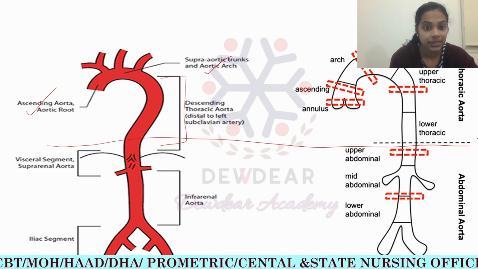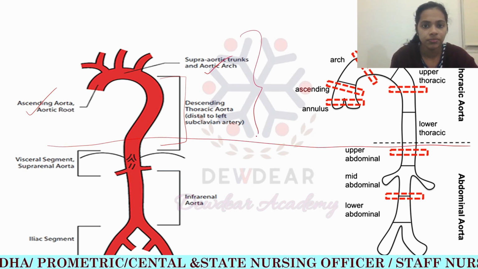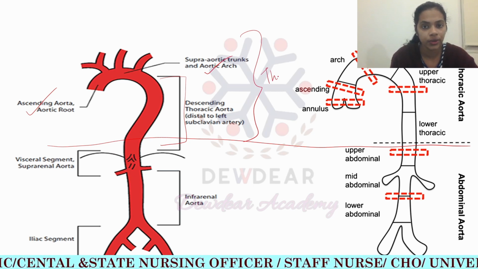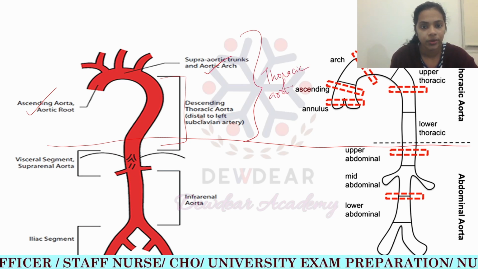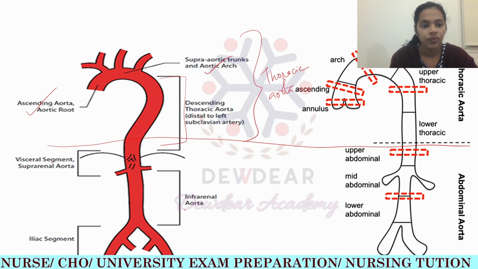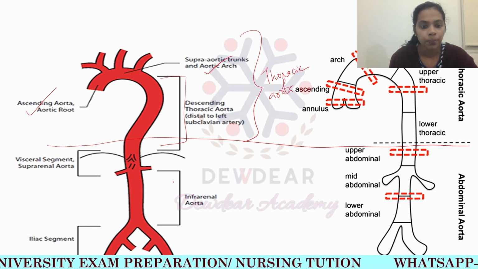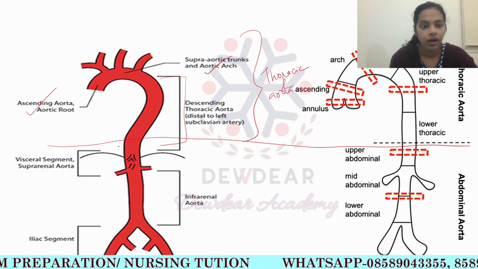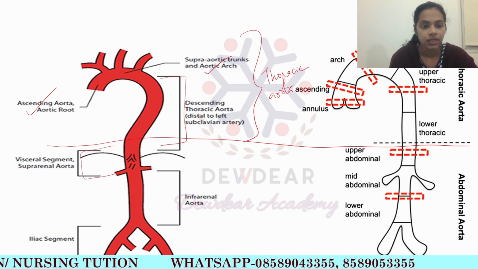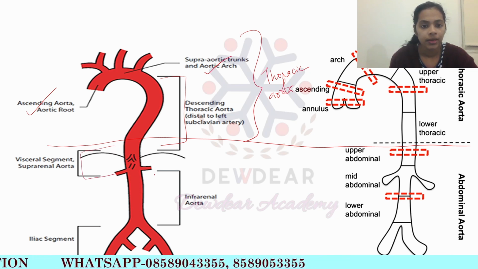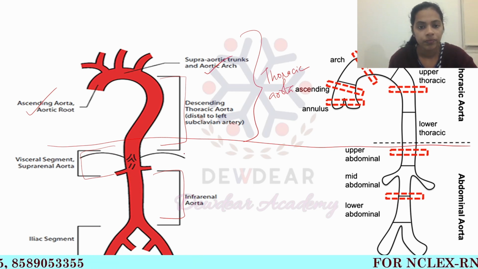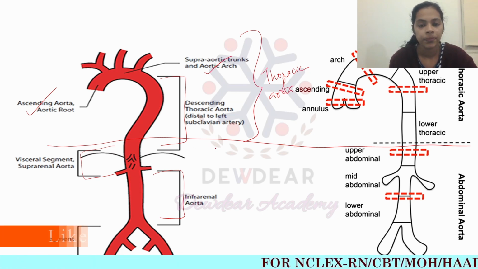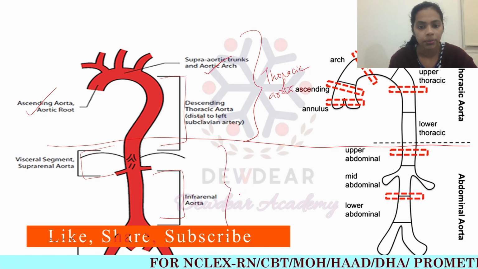These all portions are the thoracic aorta, part of the aorta in the thorax. The portion below is the suprarenal aorta, and this part is the infrarenal aorta. So this is the area we call the abdominal aorta.